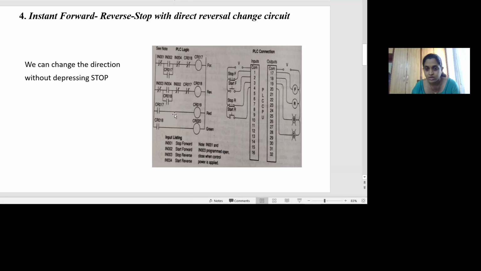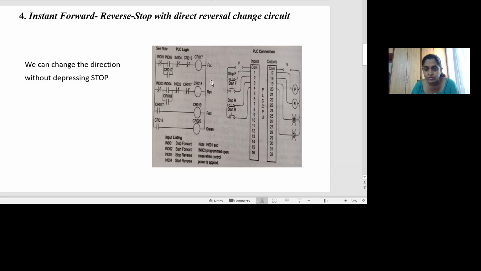Thereby, the rung is completed. So the coil 19 produces an output, and this will energize a red light. Similarly, when the motor is running in reverse direction, the output of coil CR18 is high. When I apply this high output to the contact CR18, this contact will close. So there is a connection between two rails, and this rung is completed. Therefore, the output of coil CR20 is high, and this will turn on the green light.